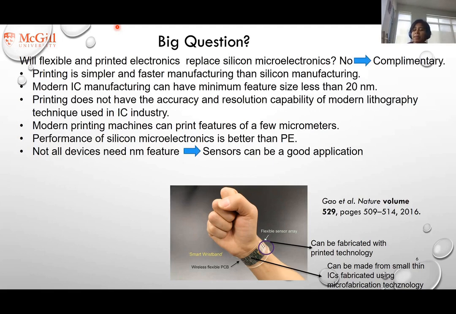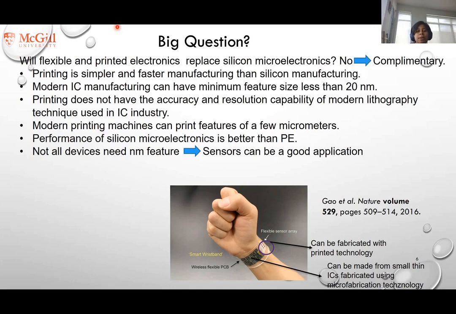But the problem comes when we are talking about the feature size. With modern IC fabrication technology, we can have feature size as low as 20 nanometers. Now, all the printing processes we have don't have that level of accuracy. So we cannot have a 20 nanometer feature with available printing processes now.